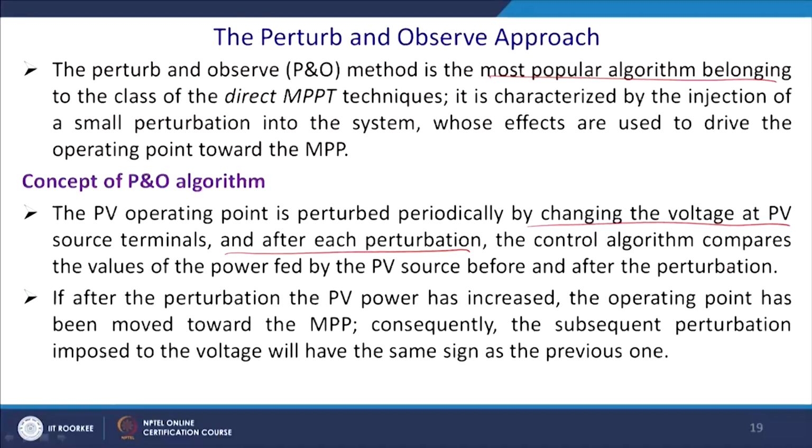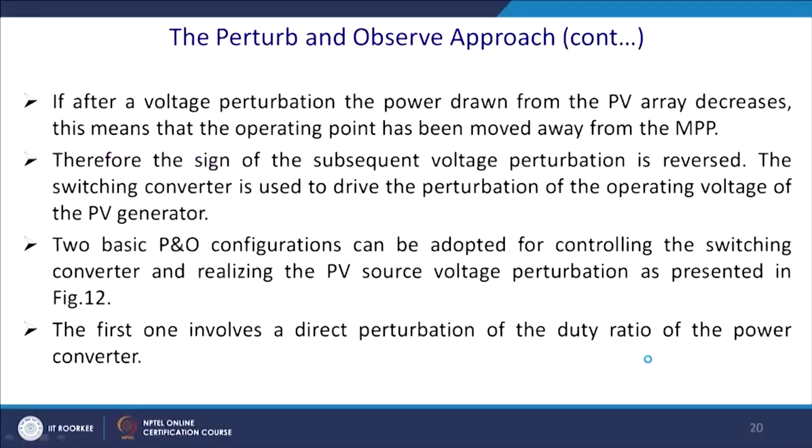If after the perturbation the PV power has increased, the operating point has moved toward the MPP. Consequently, the perturbation imposed on the voltage will have the same sign as the previous one. Now, if after a voltage perturbation the power drawn from the PV array decreases, this means that the operating point has moved away from the MPP.